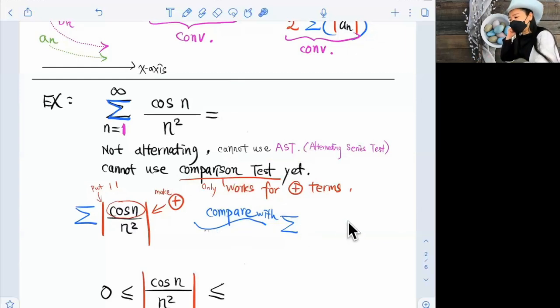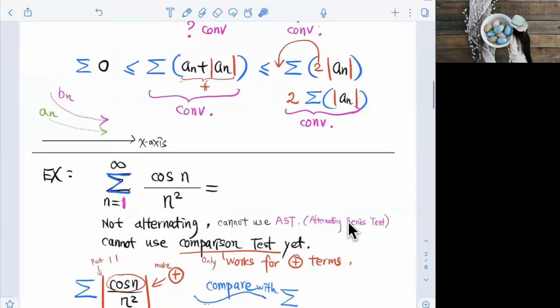You would like to, right? But the comparison test only works for series with positive terms, right? Remember the slide here? Remember the comparison test? The terms have to be all greater than or equal to 0, right? It doesn't work for series that are sometimes negative, sometimes positive. This one doesn't.